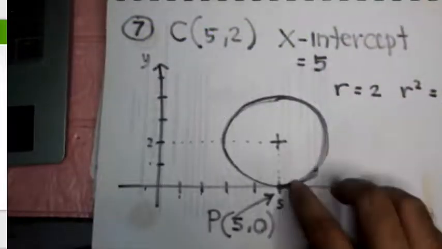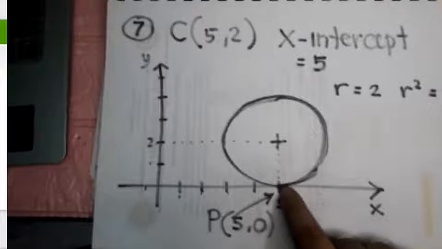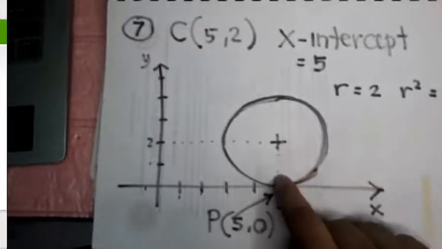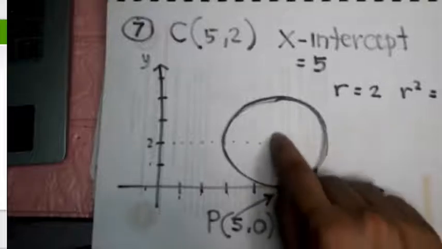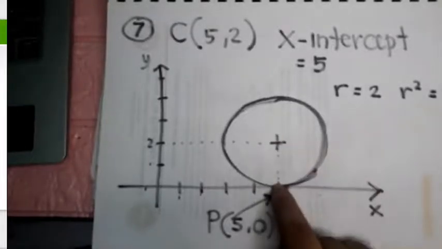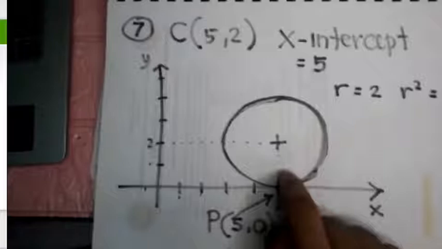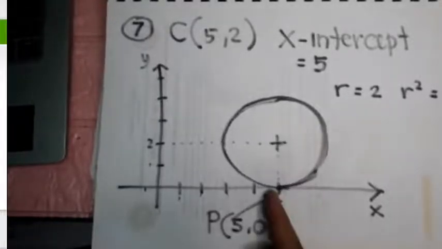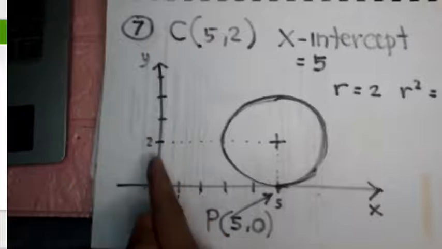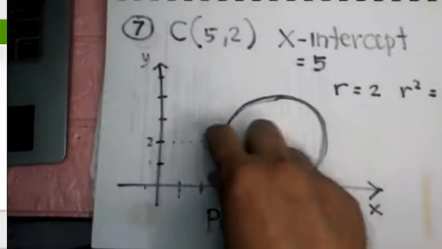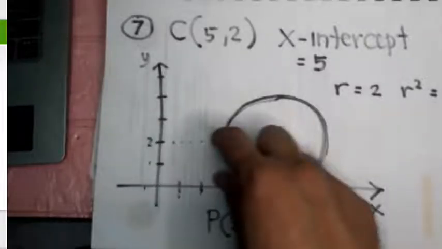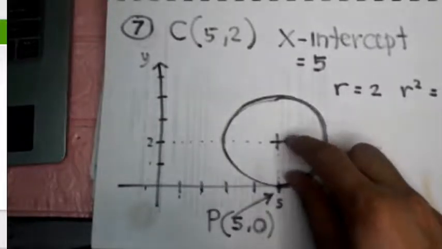Point P is directly below the center, so the distance is 1, 2. So r is equal to 2, and therefore r squared is 4.